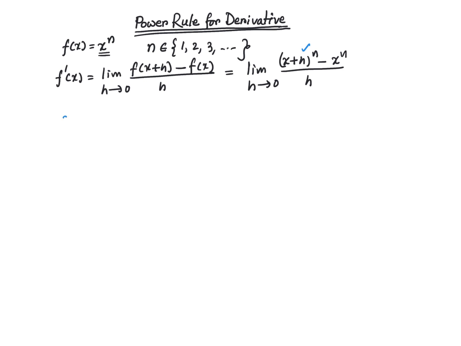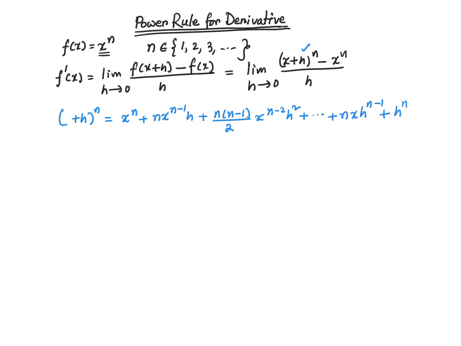What the binomial theorem tells you is this: (x+h)^n, where n is a positive integer, is equal to x^n + n x^(n-1) h + n(n-1)/2 x^(n-2) h^2 + ... + n x h^(n-1), and the last term is just h^n. We are going to use this formula to find the limit.